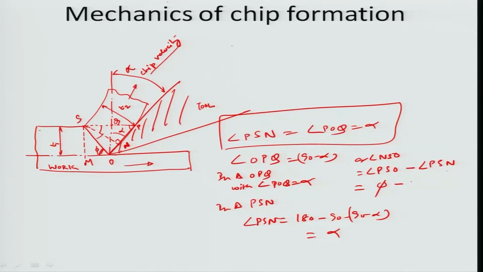So, phi minus angle PSN, which is equal to alpha in this particular case, is the angle NSO. Having said that, now I have two formulations here: one talks about angle PSN and angle POQ, and another talks about angle NSO.